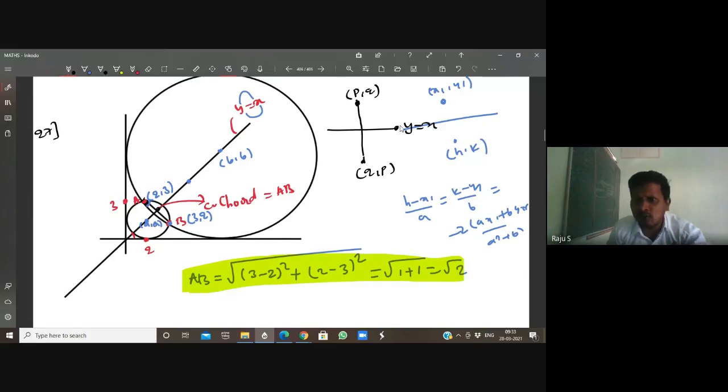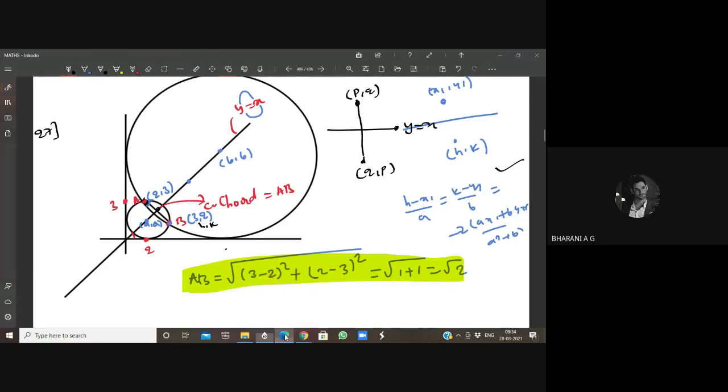Even if you use the image formula, taking the point as (h, k), you will definitely get (3, 2). But whenever the line is y is equal to x, simply remember that the p value becomes q and the q value becomes p: 2 becomes 3, 3 becomes 2, like that. Is it clear?